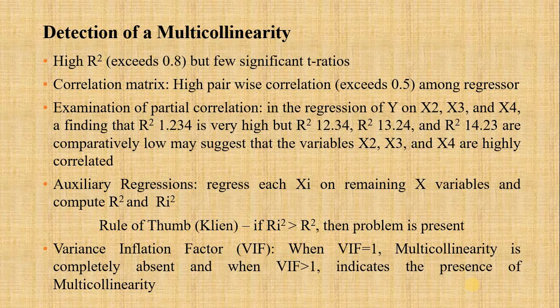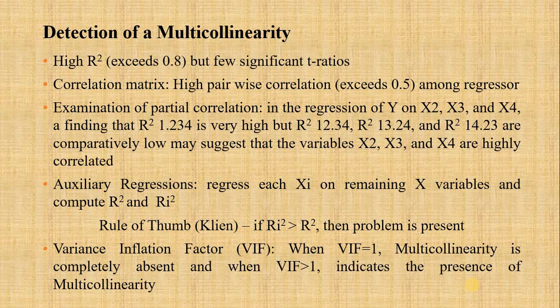Suppose you have a regression where consumption is a function of income and wealth, so C is a function of Y and W. First you run a regression with consumption as the dependent variable and income and wealth as independent variables, then you find the R square. That is your R square. Next, take two independent variables.